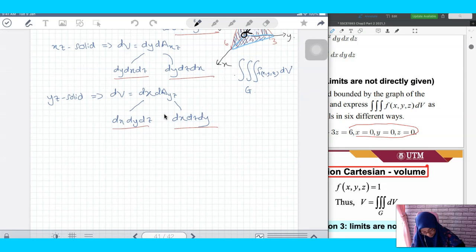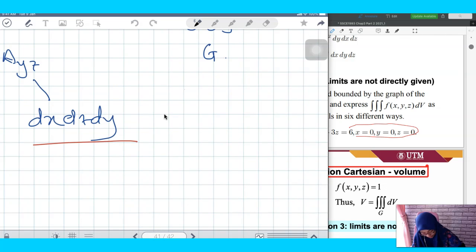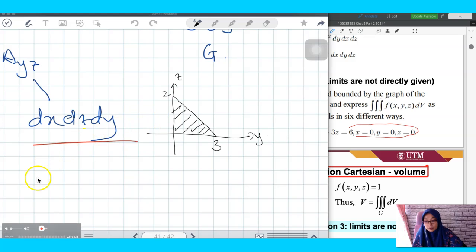For that I have to redraw here. So z, y, this is 2 and this is 3. So that is your region, where the equation is 2y plus 3z equals 6.